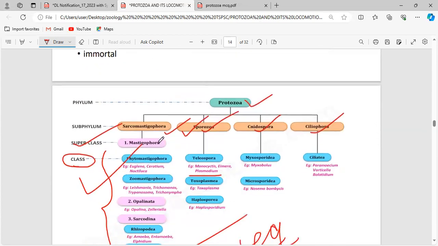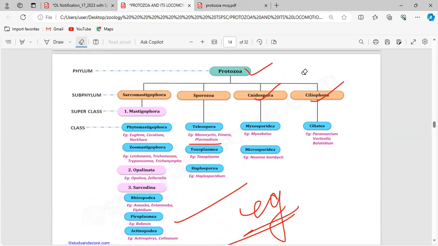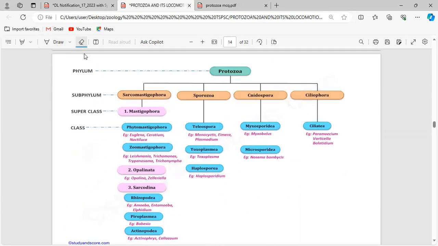Okay, what is the common name for Mastigophora? Mastigophora is a superclass under Sarcomastigophora. I said yesterday there is a common name for Mastigophora. What is it?